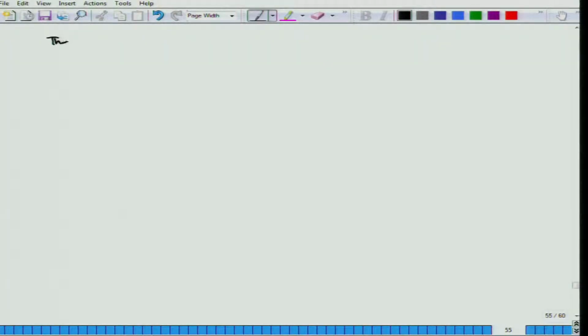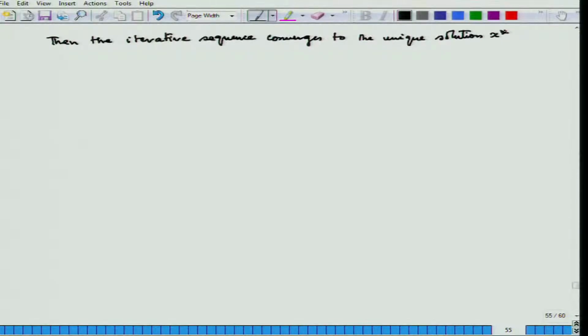Then the iterative sequence converges to the unique solution x star in n steps, of course.